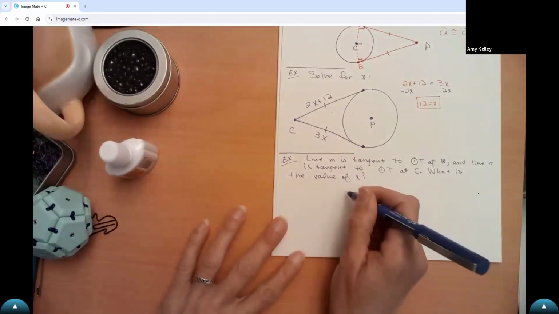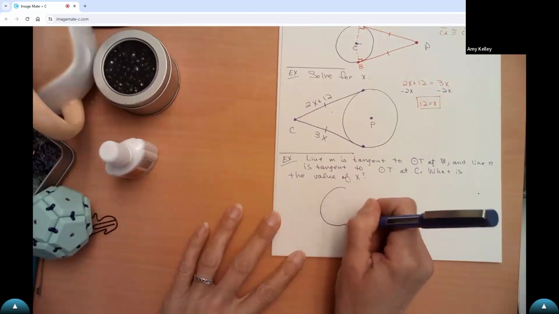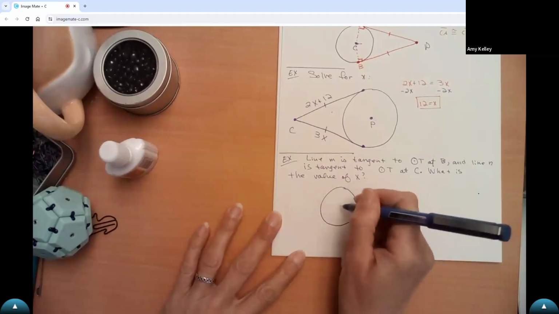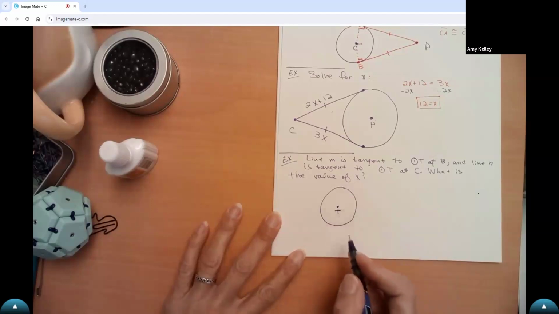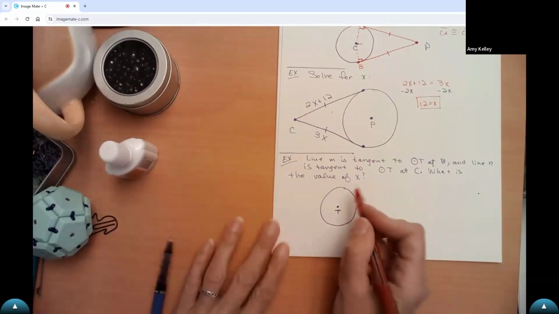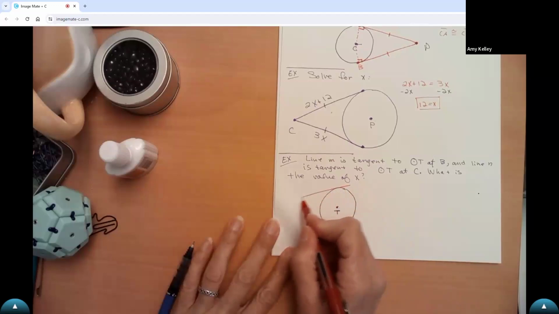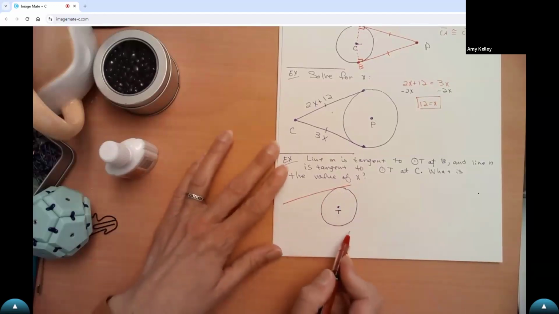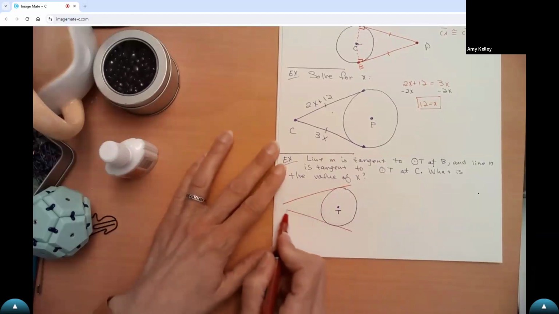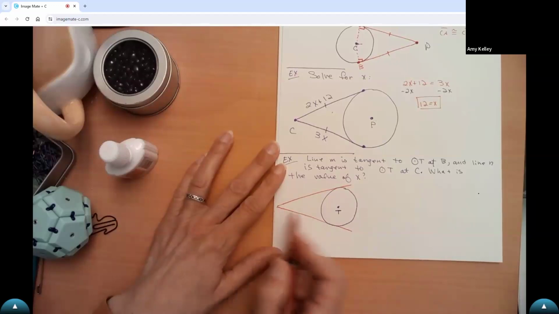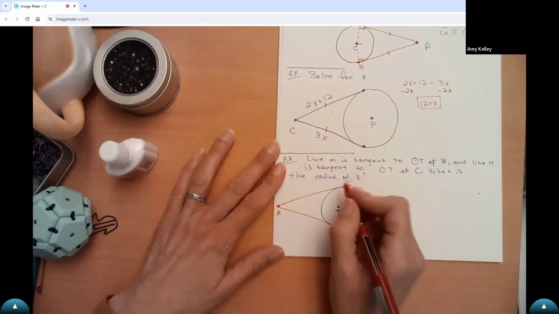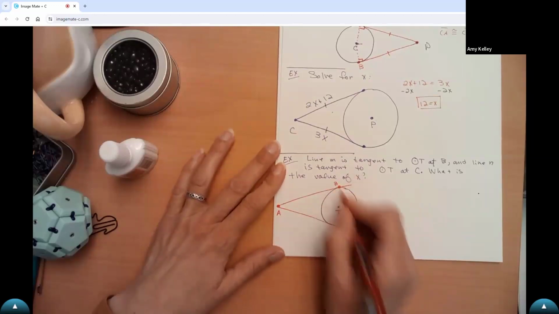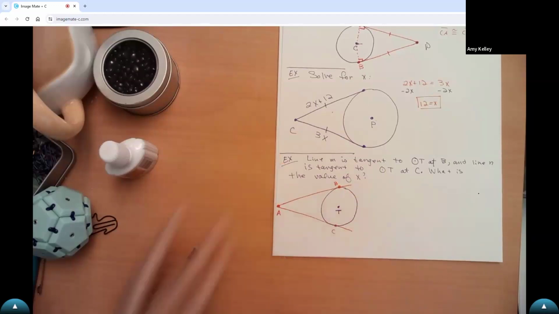We have a diagram that looks like this one here. I'm going to call this circle T, and I've got my tangent lines here and here. They meet right here at point A. This will be point B and point C.